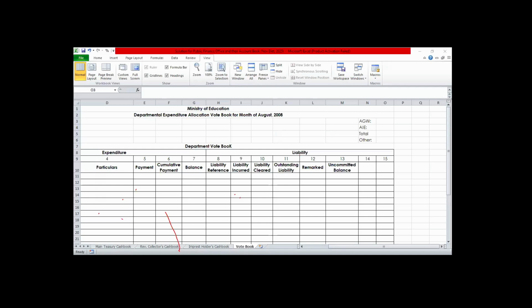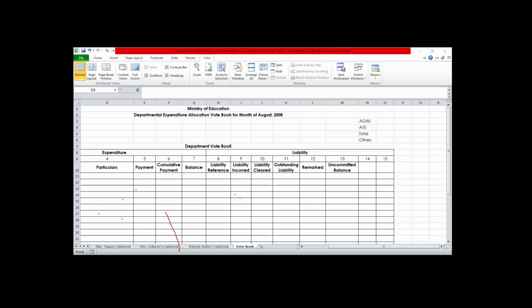That is the warrant that they use for the payment of that particular transaction. And if you look at the one that was reading the question from the beginning, he made mention of something to us here, saying that 1 August 20XX, authorized appropriation for the year was 1 million naira. Is that not so? Yes, sir. They have allocated 1 million naira for stationery in the Ministry of Education. Is that clear? Yes, sir.